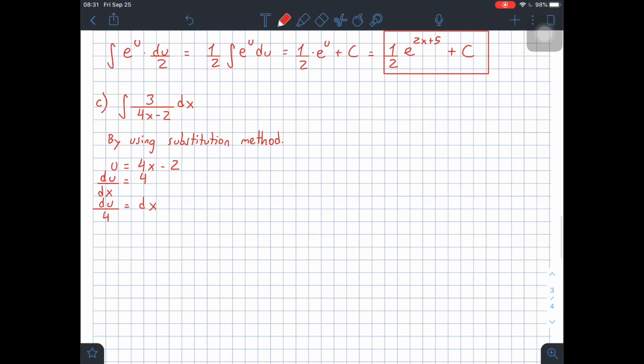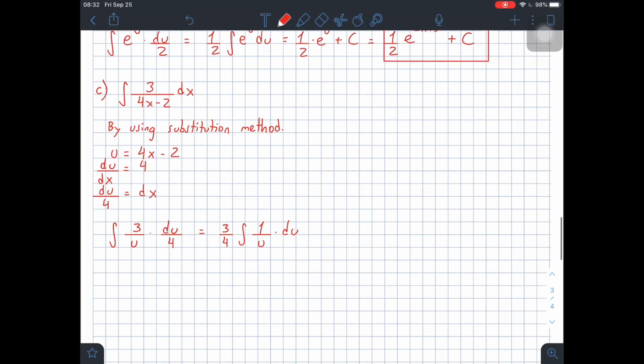So the integral would be integral of 3 over u, and instead of dx, it's du over 4. So I see that I can take all of the numbers outside of the integral, so this would be 3/4 times the integral of 1 over u times du, right? And we know how to integrate this expression. The integral of 1 over u is natural logarithm of u.